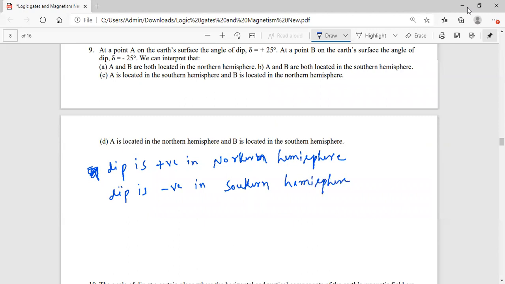Therefore, the correct answer is A is located in the northern hemisphere and B is located in the southern hemisphere, because at point A the dip is positive, meaning it is in the northern hemisphere, and at point B the dip is negative, meaning it is in the southern hemisphere. Therefore, option D is the correct answer.